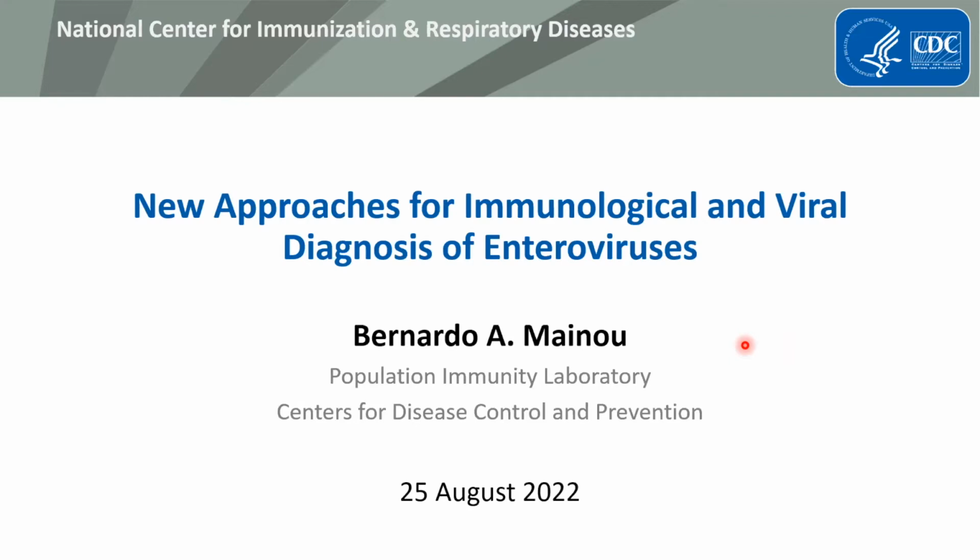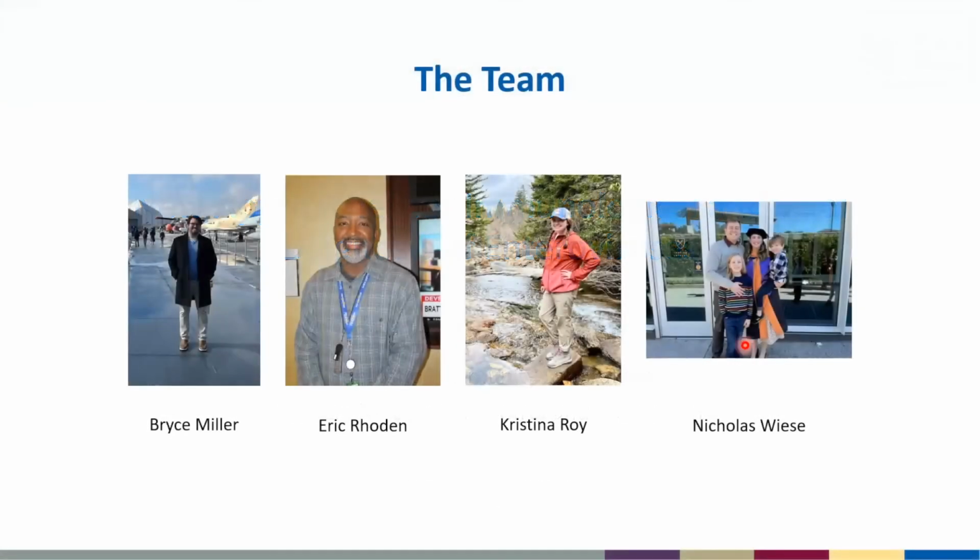So with that, I do want to start by thanking the team, because I have done 0 of the work that I will be presenting here. This is our current AFM team. Bryce Miller is starting to work on our ELISA development.